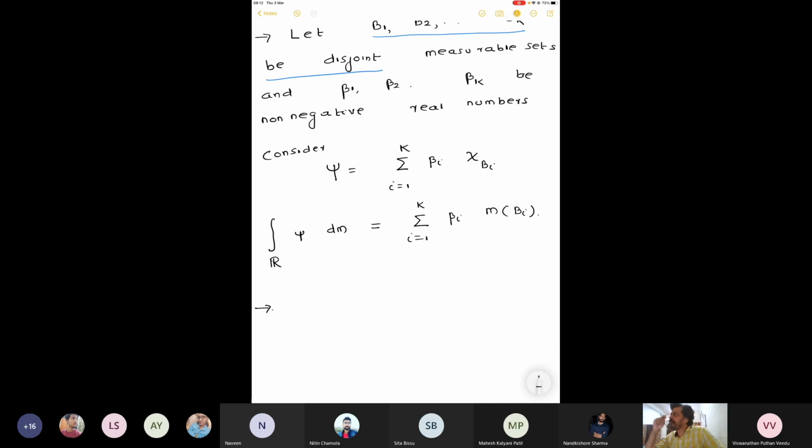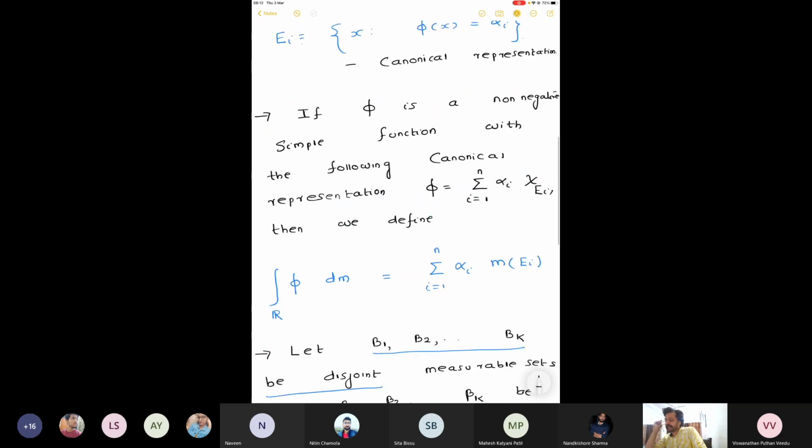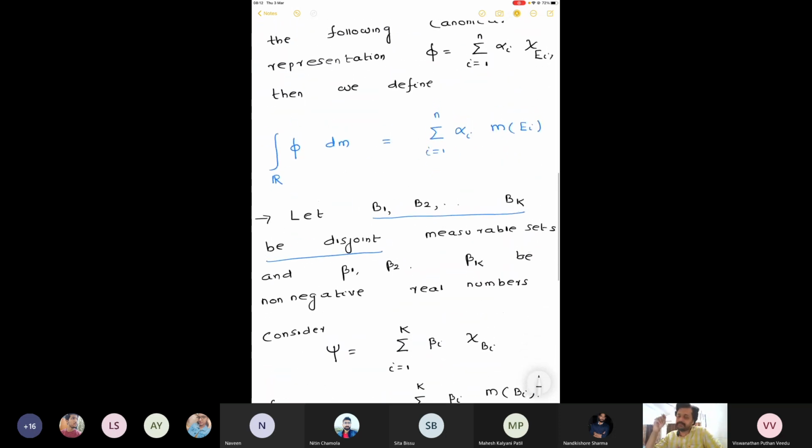Before that, one more thing to recall. So far, we have integrated only over the entire R, but we can integrate over some subset of R as well.